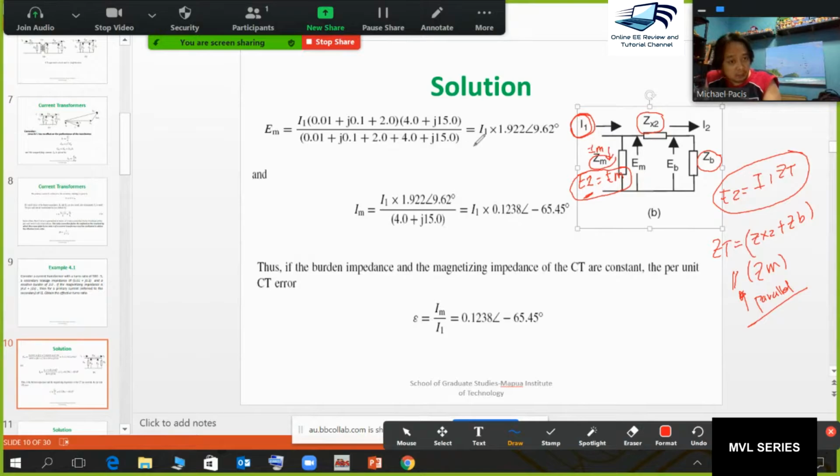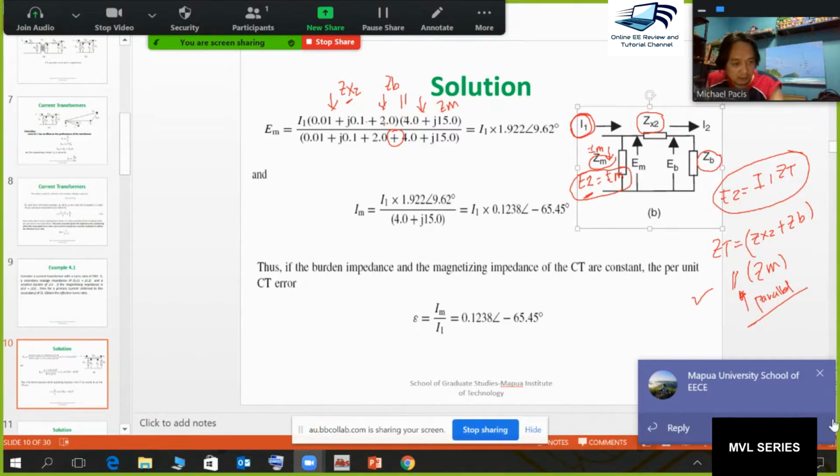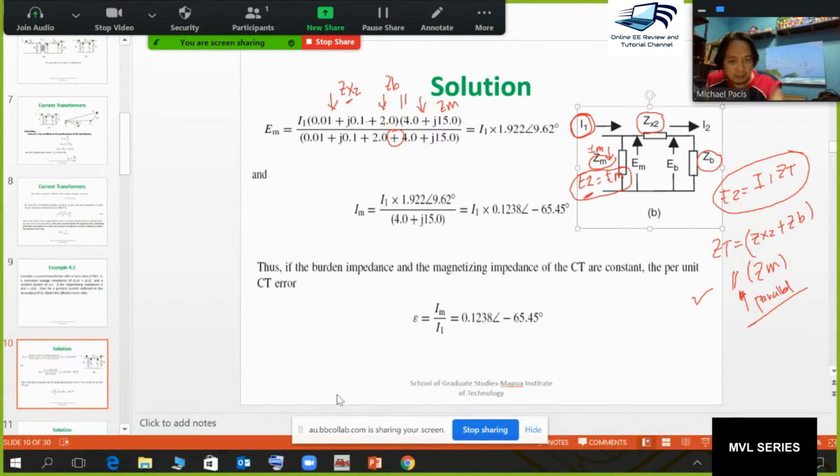As you can see, as we go back here, this is the burden ZB, this is the leakage impedance ZX2, and this is your magnetizing impedance ZM. So the product, as you can see, over the sum of the two. So for this, we can now solve the problem in terms of I1.